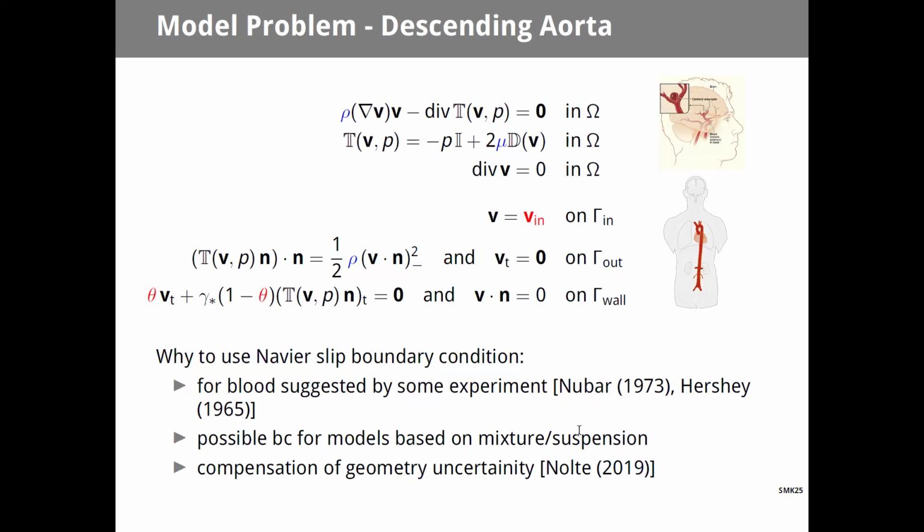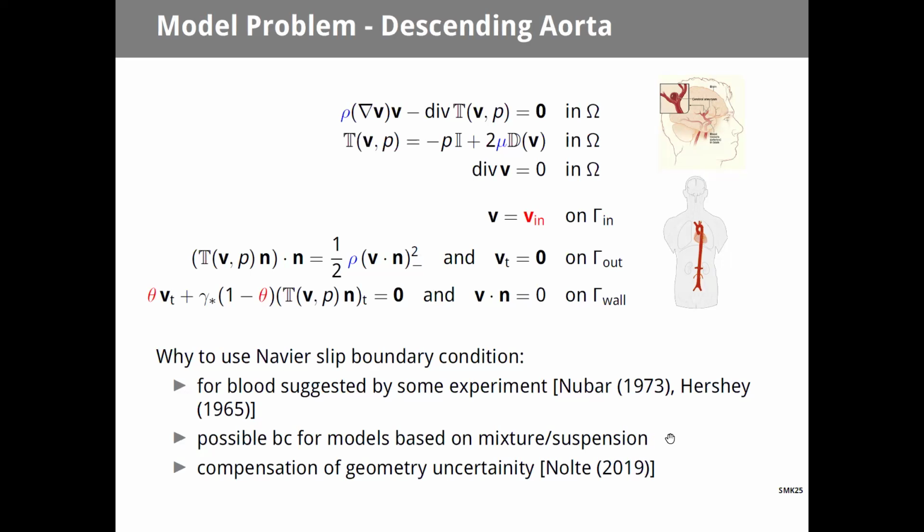So there is a possibility that there is a real mechanical slip on the boundary when blood is flowing. Of course, it's hard to measure or investigate, but you can think of it, so the blood itself is not a simple fluid. It's some mixture of plasma and other cells and other components.